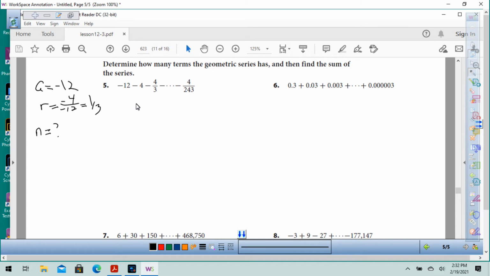So to do that, let's see here. We're going to put -4 over 243 equals -12, and then R is going to be 1/3, and then we're just going to find out what N is.